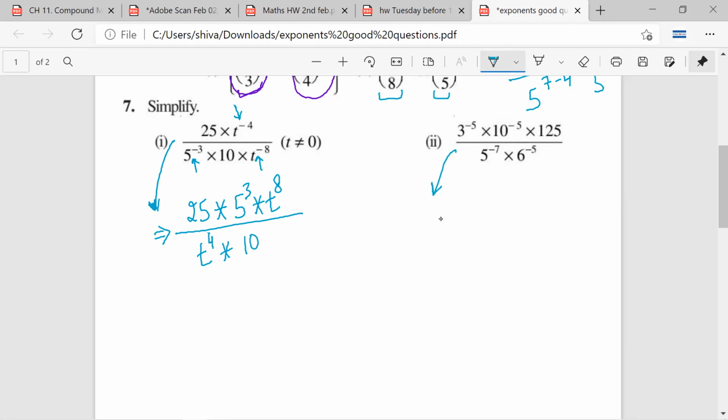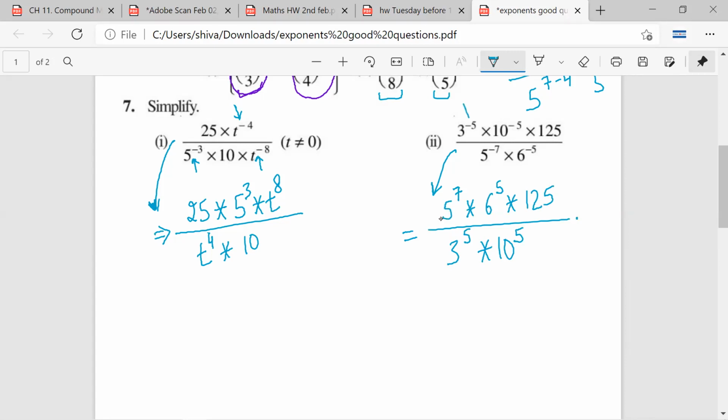Yeah, you can. Can I write this second part as, can I write this second part like this? Yeah, you can write it like that.